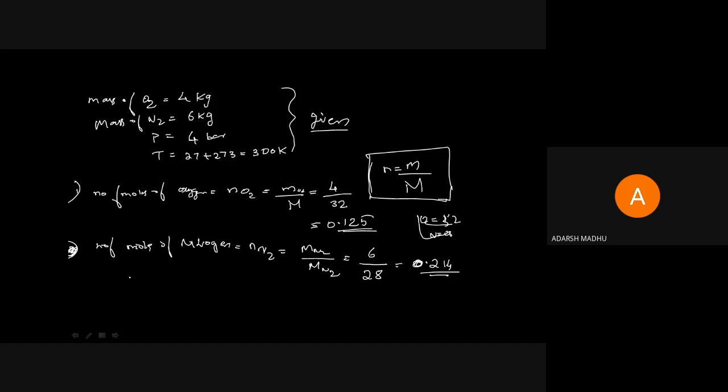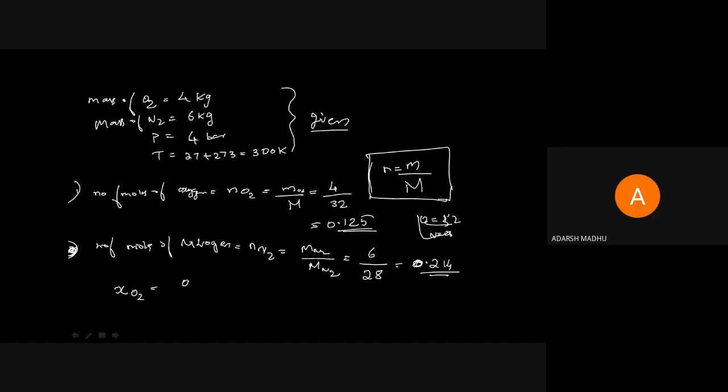That is, mole fraction of oxygen and mole fraction of nitrogen. X is defined as the mole fraction. The value X is denoted as the mole fraction. Mole fraction X, that is X O2, the mole fraction of oxygen. What is the value of mole fraction of oxygen in the total mixture?